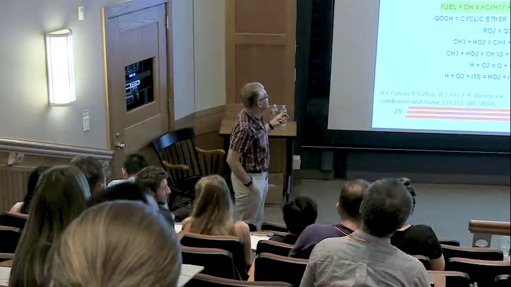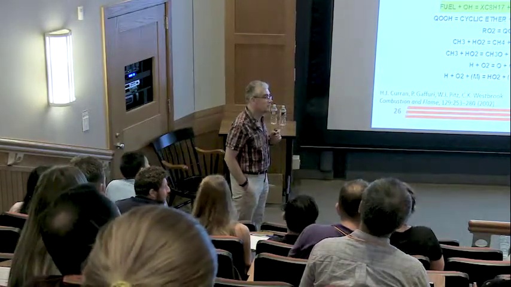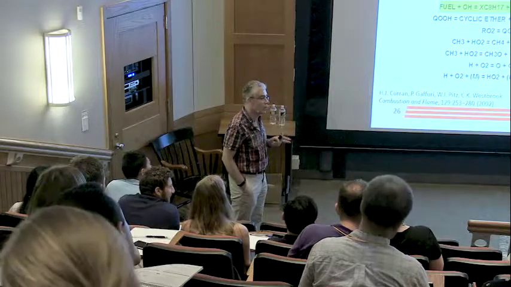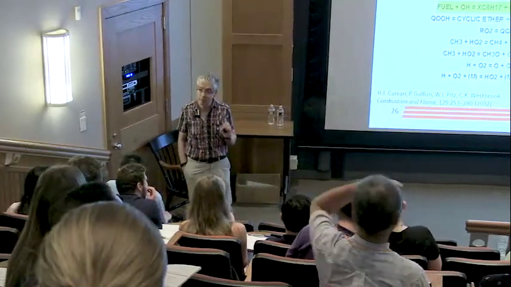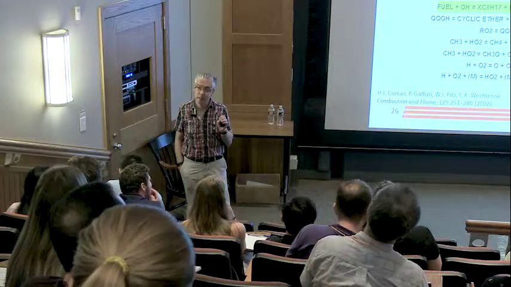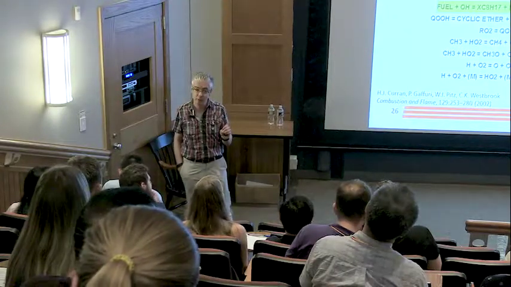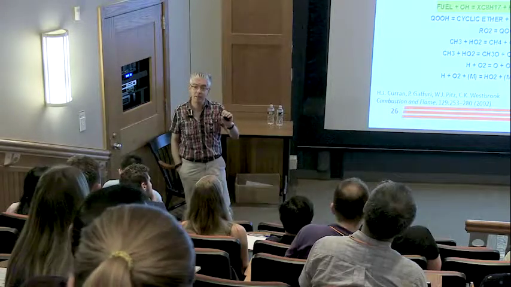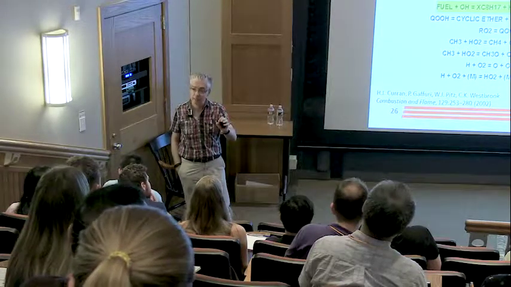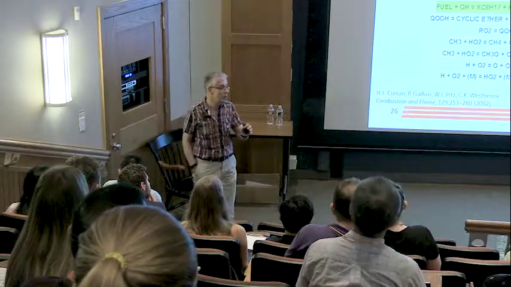So you won't see this for an n-alkane very much. Okay? But for molecules that can decompose to give you lots of methyl radicals, you see importance of fuel plus CH3O2, and then CH3O2 plus methyl, giving you methoxy plus methoxy. That comes in and becomes important. Okay?